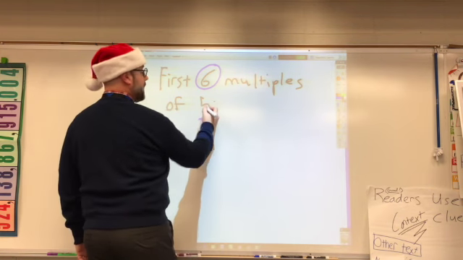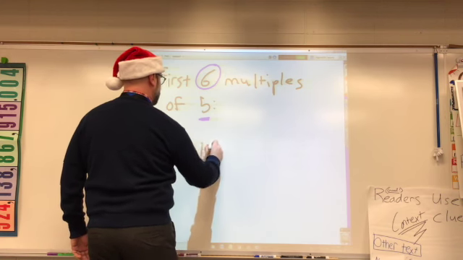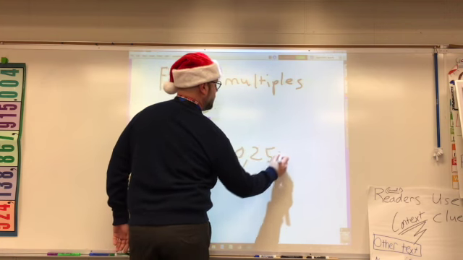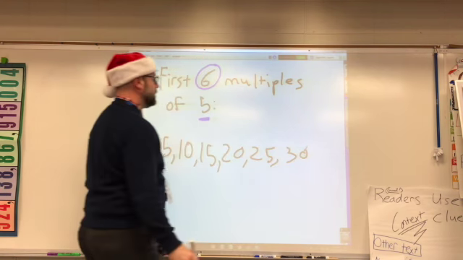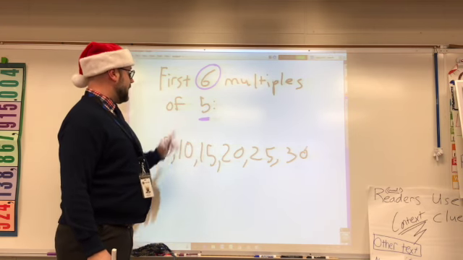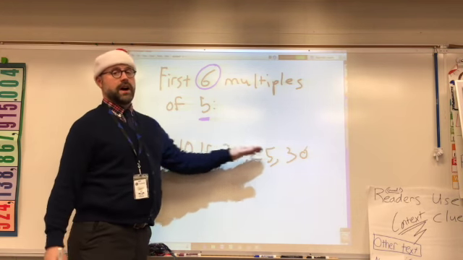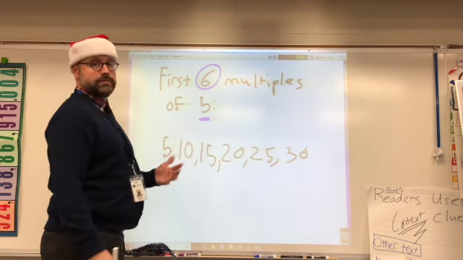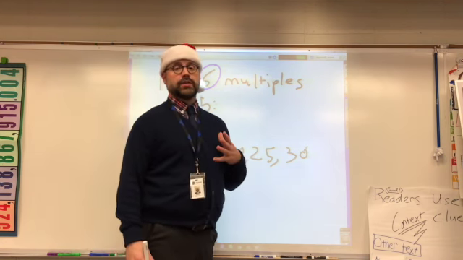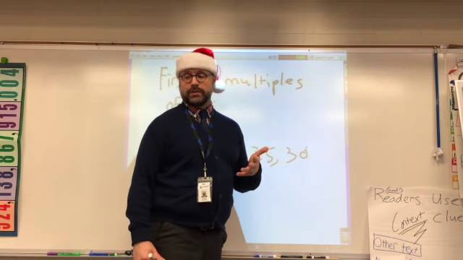So I skip count by 5 6 times. 5, 10, 15, 20, 25, 30. I'm not asking you to multiply 5 times 6. I want you to start with that number and then give me the first 6 multiples. Literally, it's not a super difficult thing. You just have to know how to skip count and quickly add those numbers up, right?